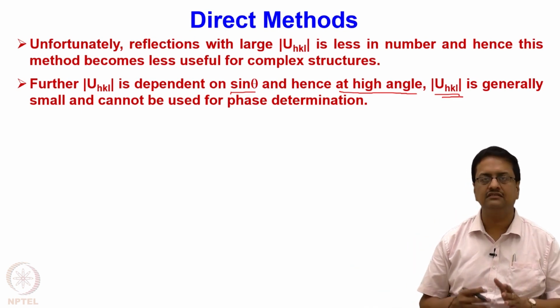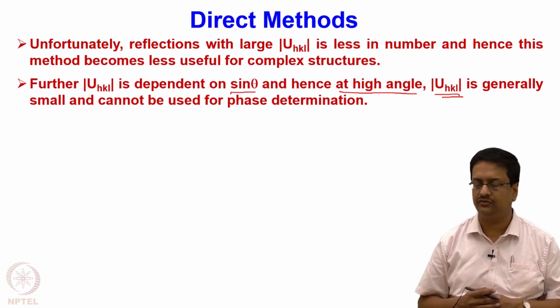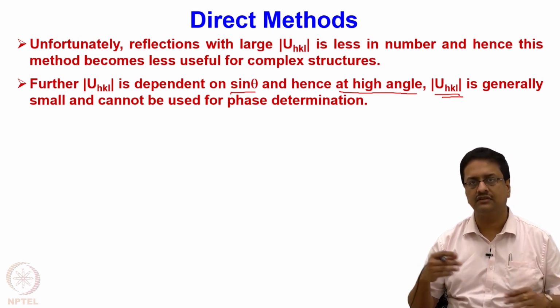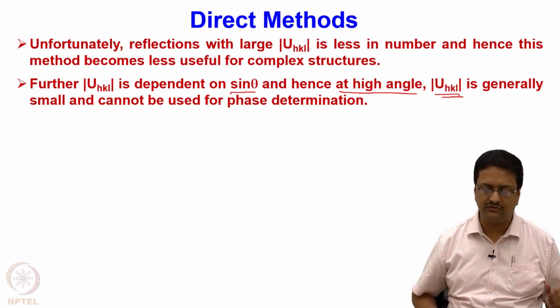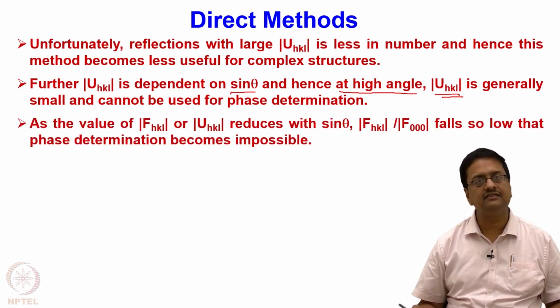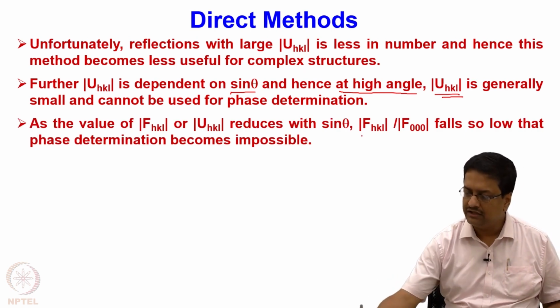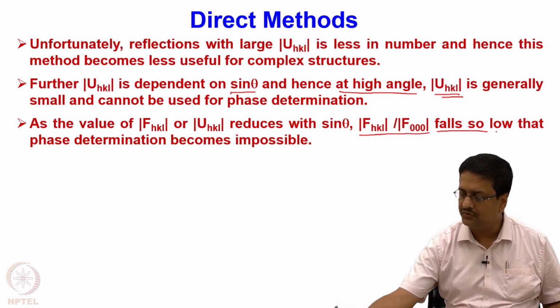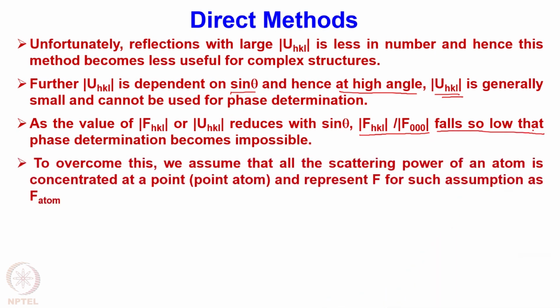That means the data that we collect is up to say 50 or 60 degree theta, but UHKL values fall off rapidly at higher angles, and those reflections will not have a significant value of UHKL, and we won't be able to determine the phases correctly. So, as the value of FHKL or UHKL reduces with sin theta, FHKL by F000 falls so low that the phase determination becomes impossible.